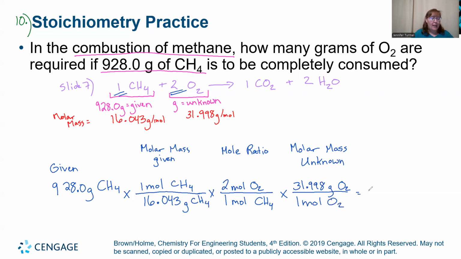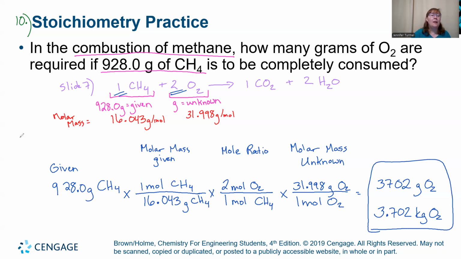Okay. And when we calculate all of that through, we will get 3,702 grams of oxygen, and we have 4 significant figures that we were looking for. Sometimes you might also see this, it's asking for grams, so you definitely would leave it like this, but you might also see that as 3.702 kilograms of O2, because sometimes that's easier to do.